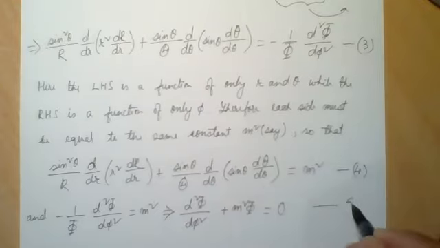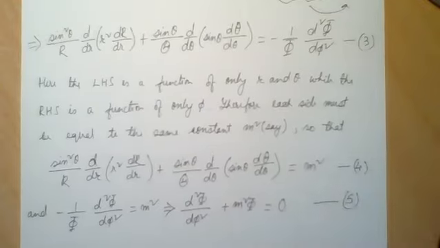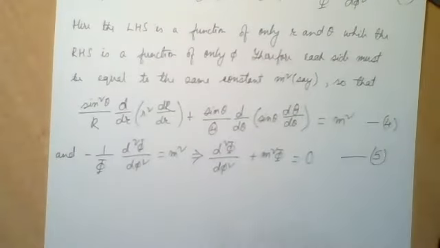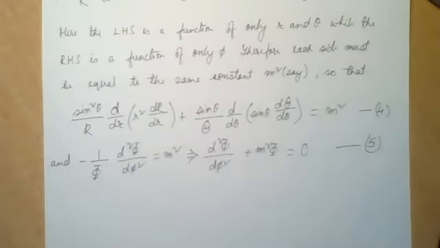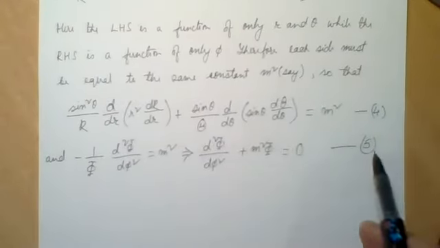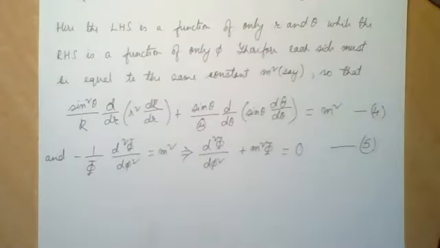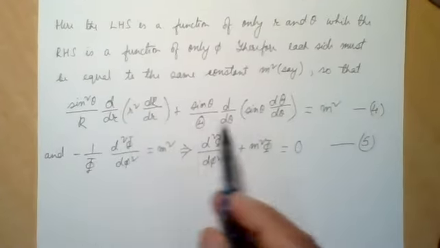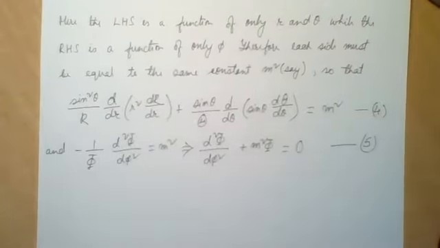Let us call this equation number 5. So the Laplace equation reduces to two equations, 4 and 5. Now from equation number 4, let us try to separate the r dependent part and the theta dependent part.